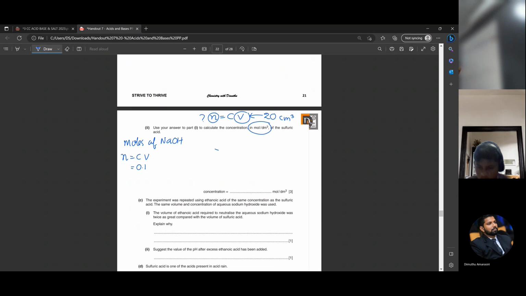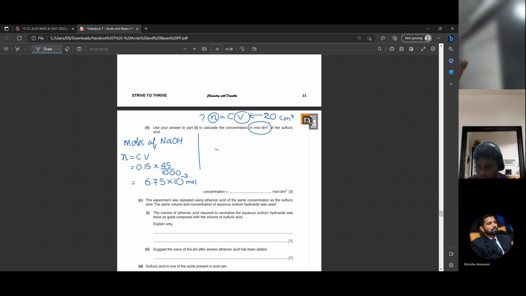Concentration is 0.15 times 45 divided by 1000. So you get 0.675 into 10 to the power minus 3. Yes, so this is the moles of sodium hydroxide.